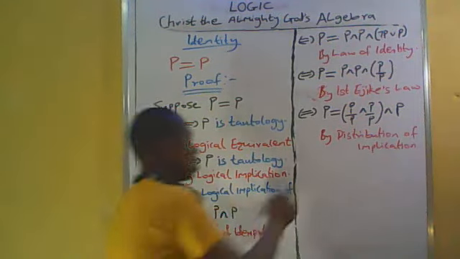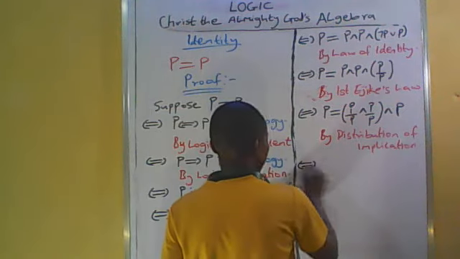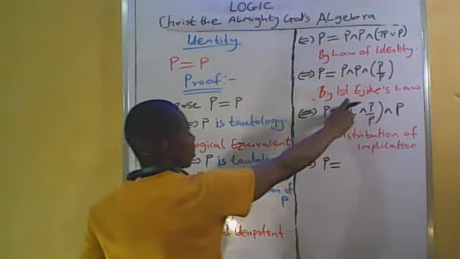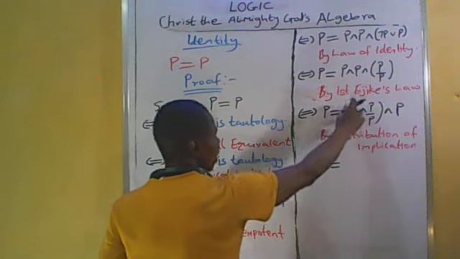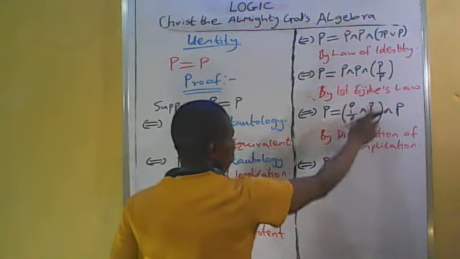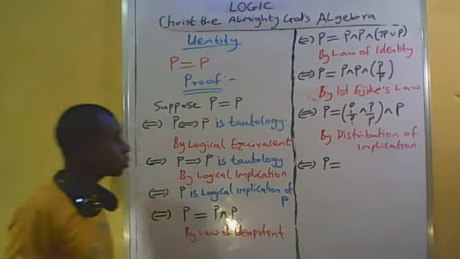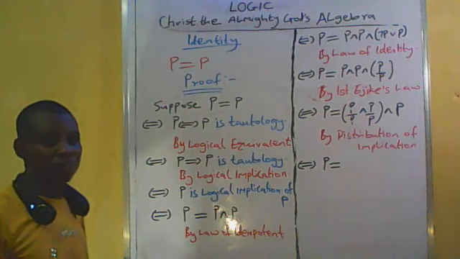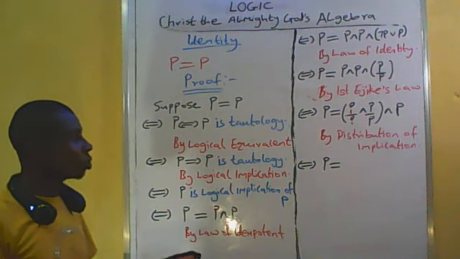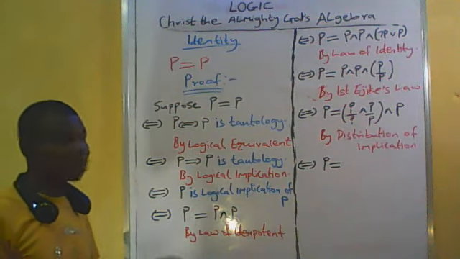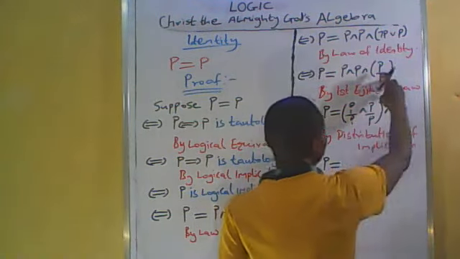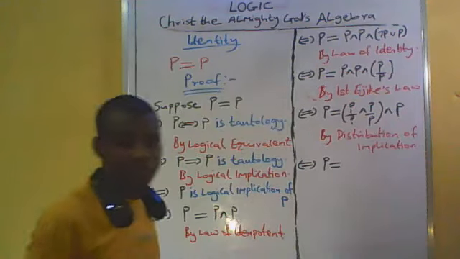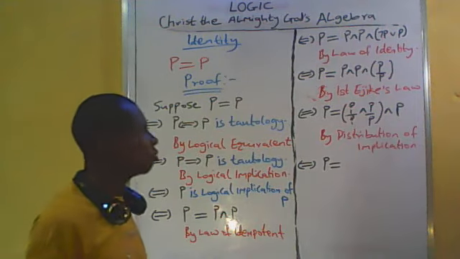If and only if P is equal to, let us reverse this P implies P, that's P implies P, and this P implies P to a disjunctive statement. Why I'm going to reverse it to a disjunctive statement is because this P was generated from a disjunctive statement, so whenever I want to revise it, it's going to be in disjunctive statement.